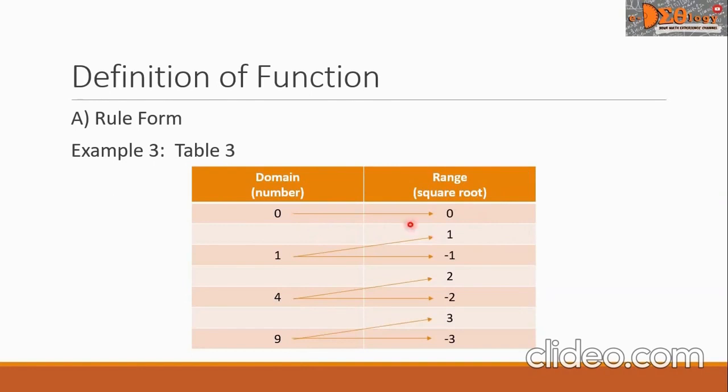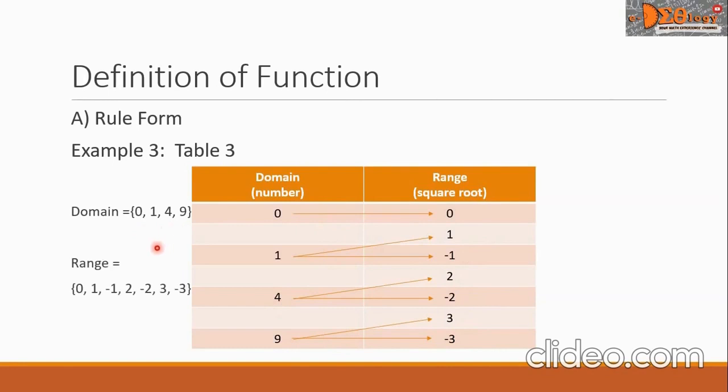Square root of 0 will be 0. Square root of 1 is 1 and -1. Square root of 4 is 2 and -2. Square root of 9 is 3 and -3. In here the domain is the set 0, 1, 4, and 9.